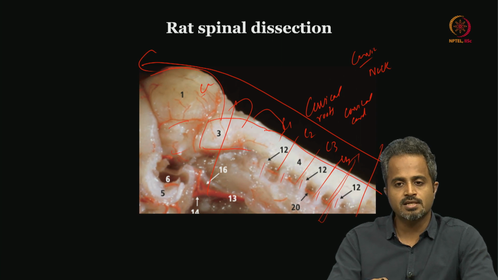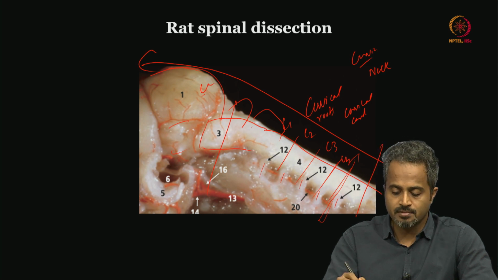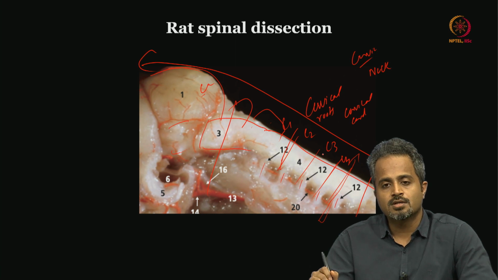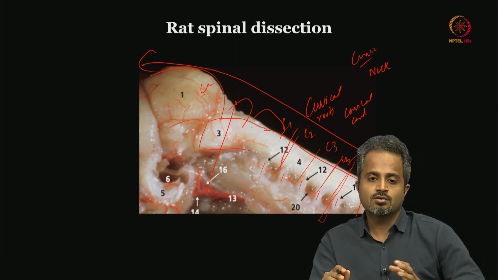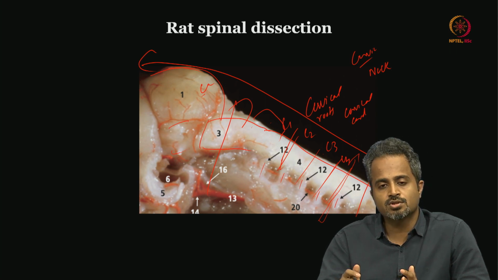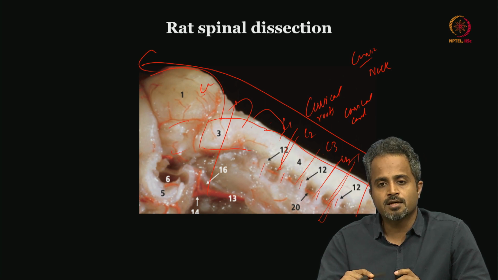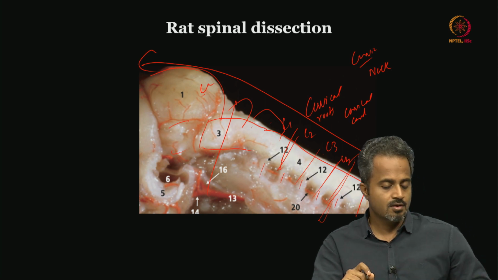You need to expose the cerebellum and the occipital bone, to safeguard those structures, in order to expose the upper cervical cord, that is up to C3. Alright, so it is very important to understand the relation with the brain before you actually begin exposure of the upper cervical cord. That was the whole idea of this particular slide. Alright.